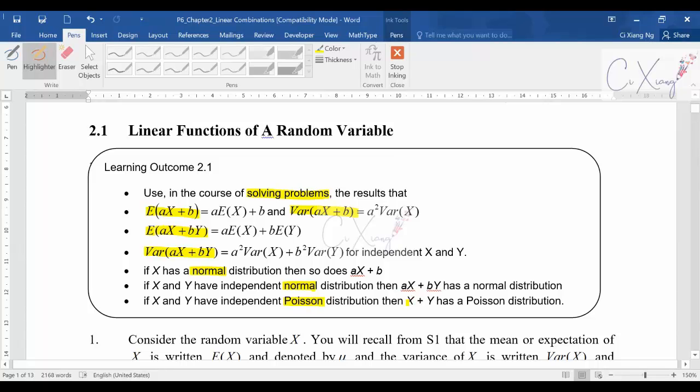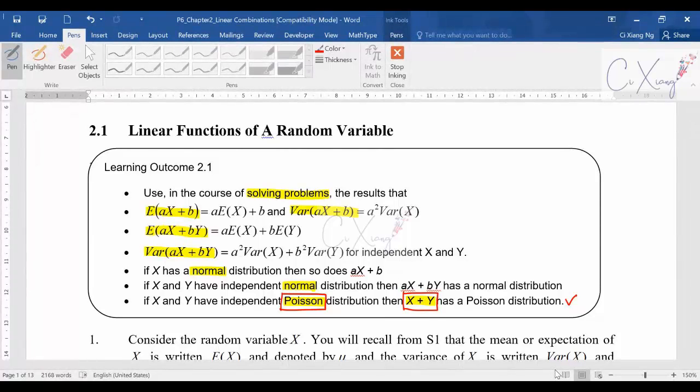For Poisson, we only focus on the variable x plus y. It can be 2x plus 3y or any other thing, but it is always restricted to x plus y only, because x plus y only will give you the same mean and same variance for Poisson. So we have done this part last week, or in the last video.